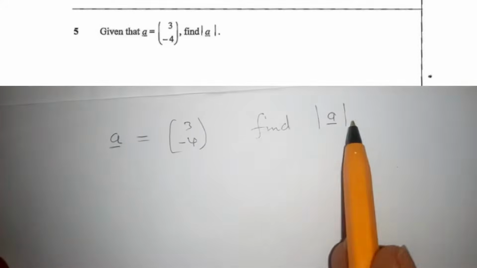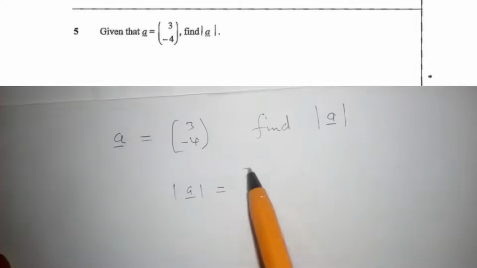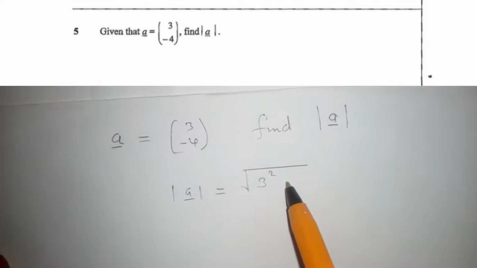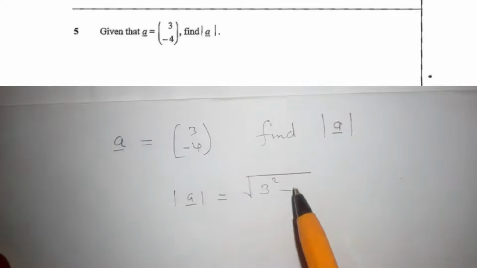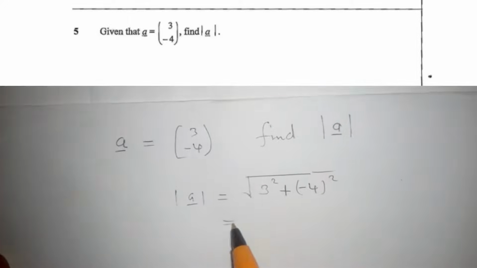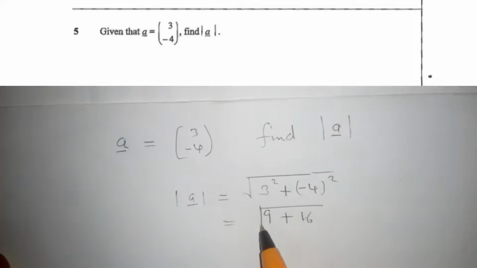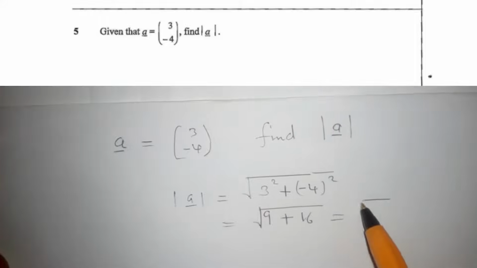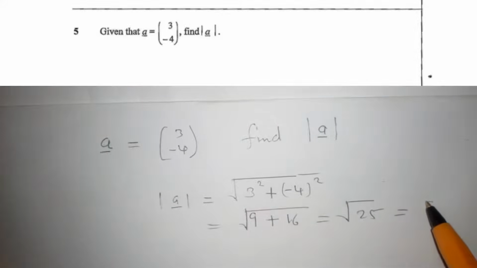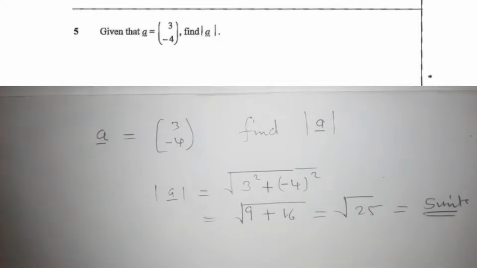So once you just see these two bars, just know that it's a modulus. They want the length, so you do the root, you get the number which is on top, 3 squared plus -4 squared. So here when you work out things, you have 9 here, you have 16. Then when you solve nicely, you have root of 25. So root of 25 is 5 units. This is how you answer this exam question.